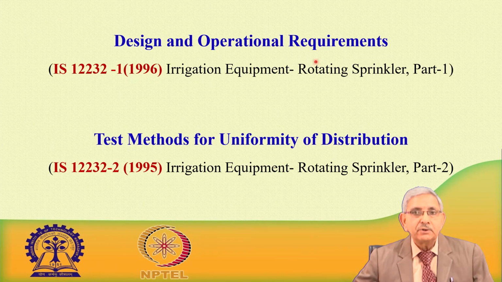Then design and operational requirements of the irrigation equipment, rotating sprinkler part 1, are specified by this particular code, and the test for finding the uniformity of water distribution is also specified in this code.